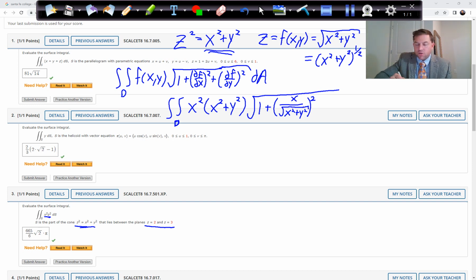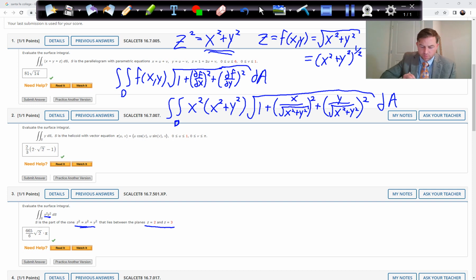And then you take times the derivative of the inside, which is 2x, and that 2 in front of the x cancels with the 1/2 out front, so you're left with an x on top over the square root. Plus, the exact same thing is going to happen with y. It's going to be y over the square root of x squared plus y squared, squared, dA.